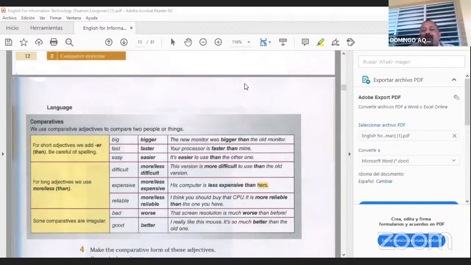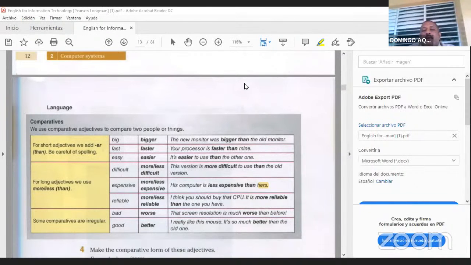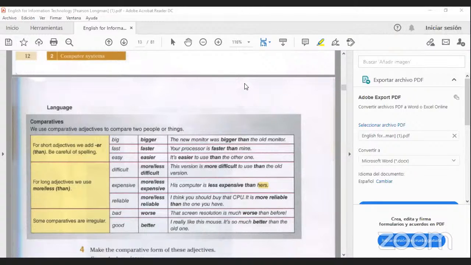Porque acuérdate que suyo es para la tercera persona. Para la segunda es tuyo. Y si es plural, yo diría nuestro, de ustedes.